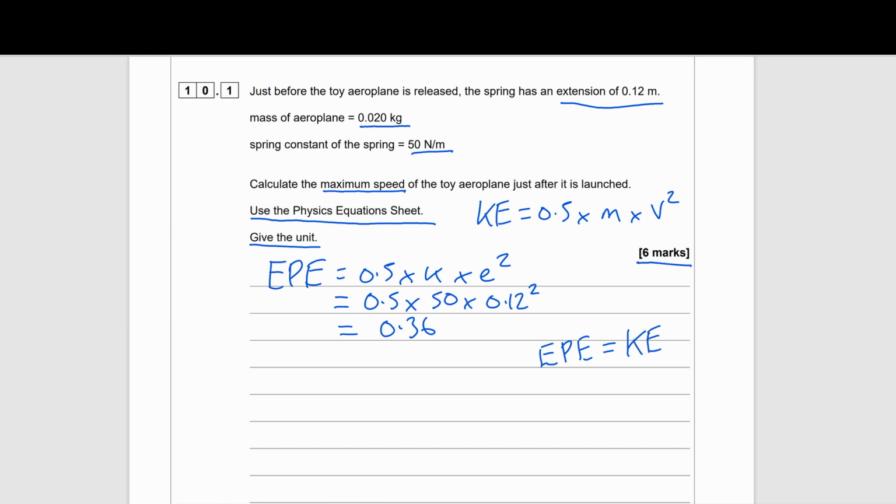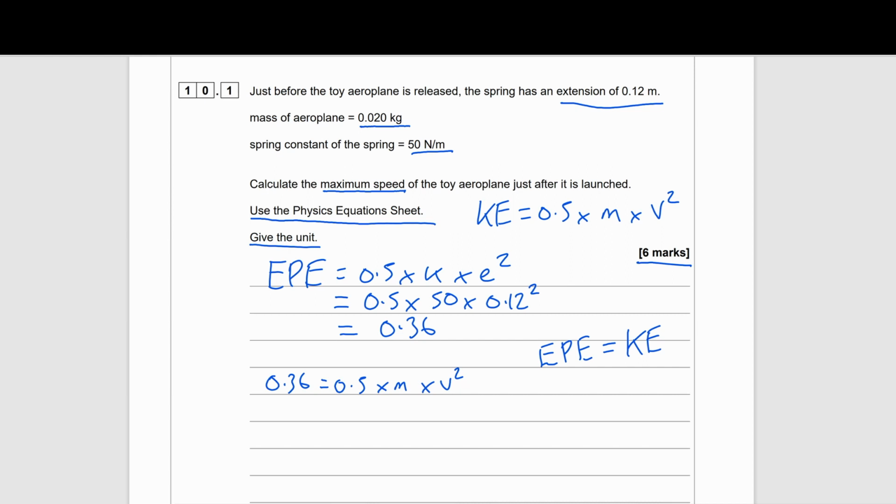So we can say that the elastic potential energy is equal to our kinetic energy. That means now that this 0.36 joules that we just calculated will be equal to 0.5 multiplied by the mass multiplied by the speed squared. But looking back at our question, we are already given a mass.